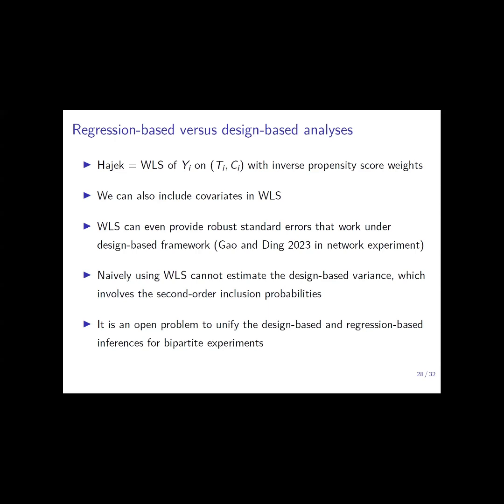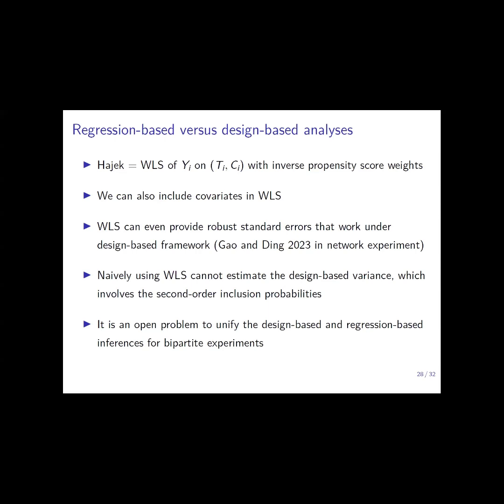Then regression can never recover the variance estimator we want, because the variance estimator, if you want it to be correct, must involve second order inclusion probability. But the probability never enters the regression. Of course, you can say, if you really want to use that information, then let's force our regression to use the second order inclusion probability. Then it's possible we can solve that problem. But that's not a standard regression you would like to run.